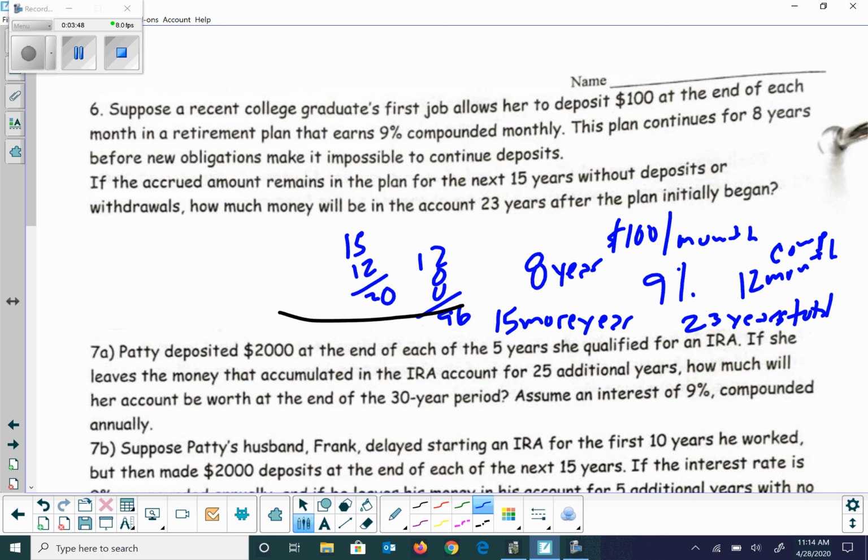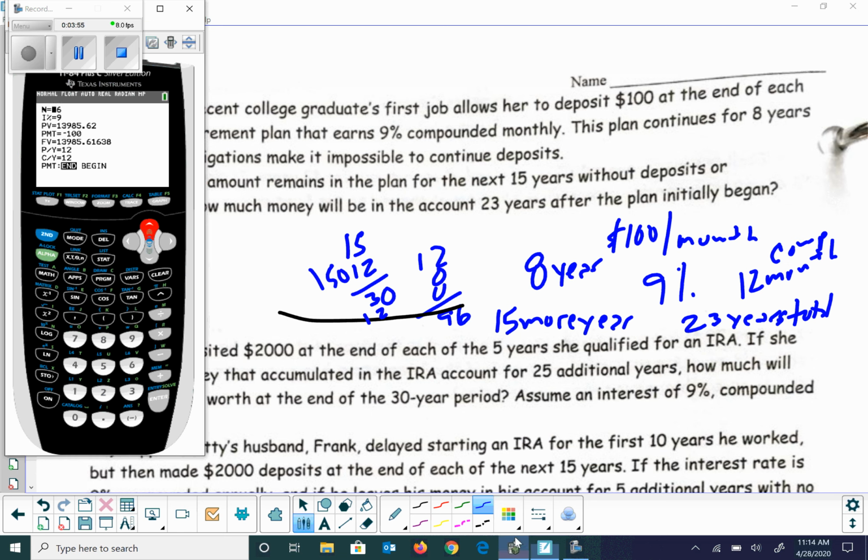That's going to be 150 more, or 180, times it's going to compound. So that's going to be my end value now. It's still earning the 9%. The present value is 13,985. We're not going to put anything into the payment. And now I want to find the final value.